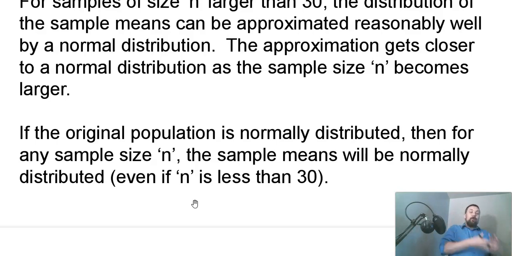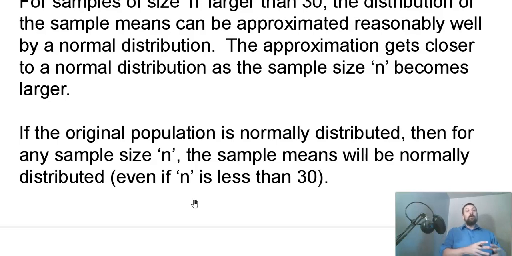But if it's unknown what type of distribution your original data set had, then you're going to want at least a sample size of 30, if not more, in order to ensure that the sample means will approximate a normal distribution. So that's the rule of thumb. If you know your original data set had a normal distribution to begin with, you don't have to worry about sample size. Any sample size works.